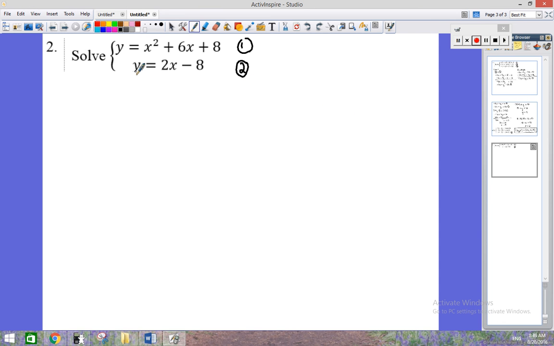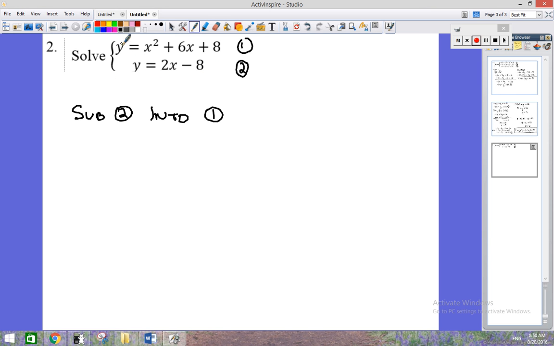Now with substitution, we want one variable solved for in terms of the other, and then substitute into the other equation. This is set up perfect to substitute. I'm going to substitute equation 2 into equation 1. Everywhere I see a y, I know by equation 2 that y is equivalent to 2x minus 8.